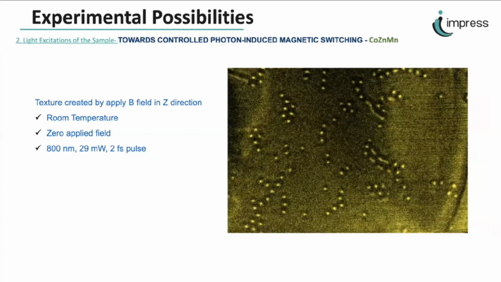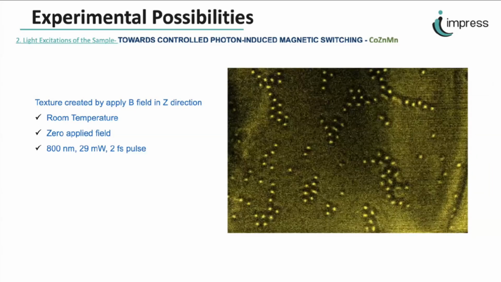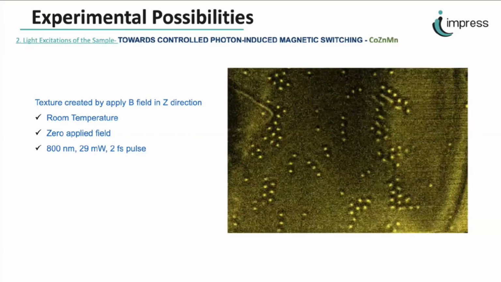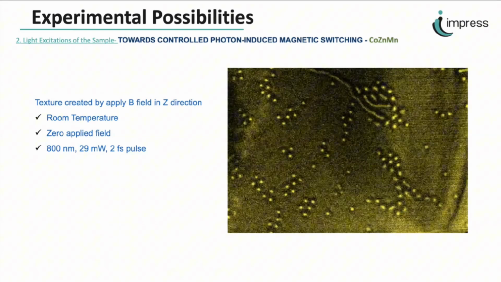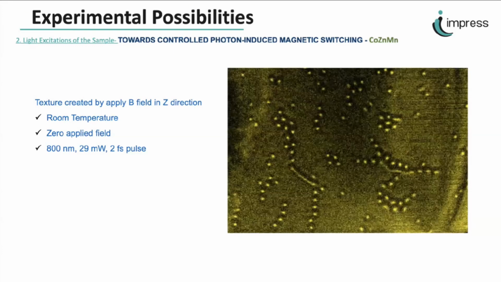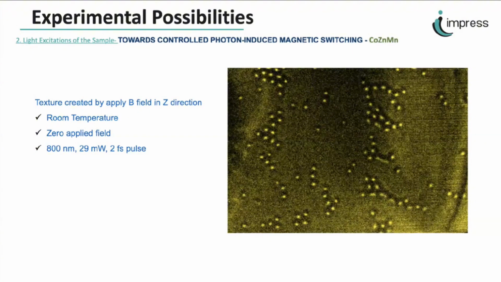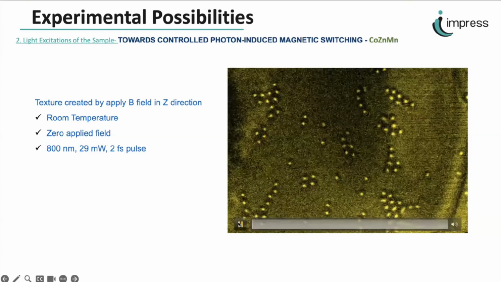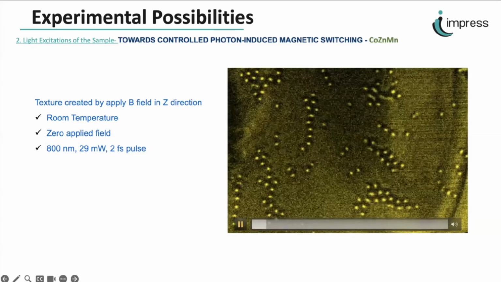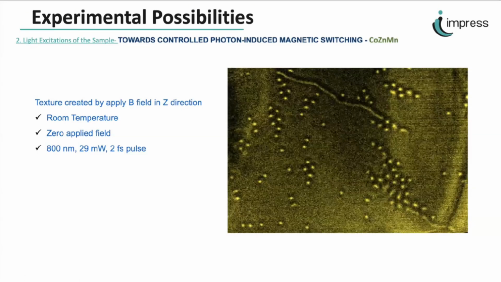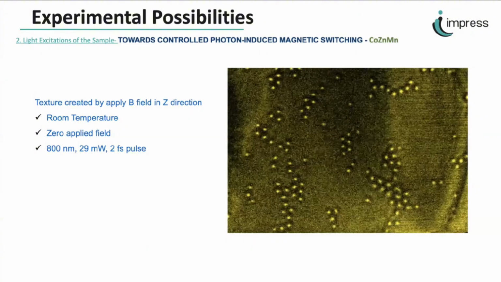The reason is that with any laser pulse, you have a very sharp thermal gradient that can bring the sample above the Curie temperature and then leave it in a metastable state, in which you can see novel textures which are not possible by normal heating, cooling or biasing experiments.